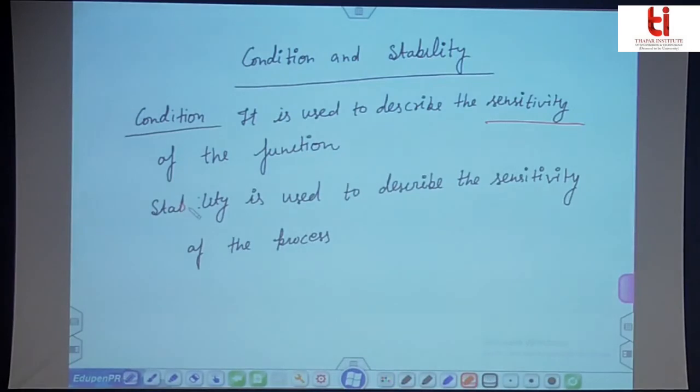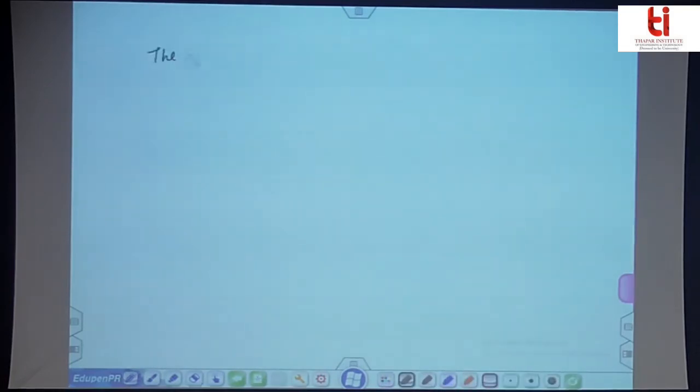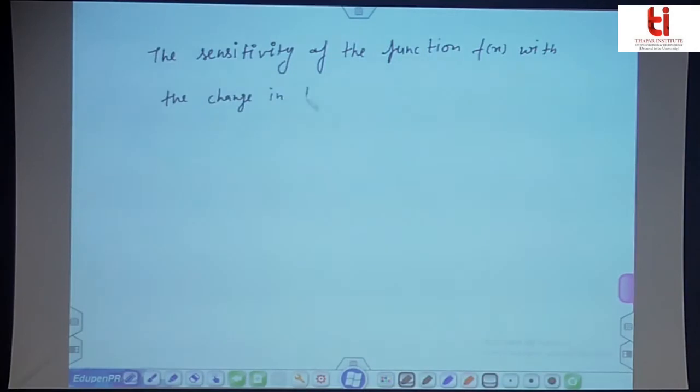Stability. So we can say here the sensitivity of the function affects with the change in the argument x is described by the condition number Cn.